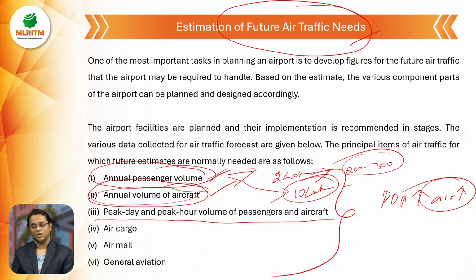For example, if you take a peak day, out of all the 7 days, we may notice a peak day of traffic flow in the weekends. Many people are traveling to their hometowns or going for vacation and other purposes. So Saturday and Sunday may see a higher passenger volume compared to the other days.